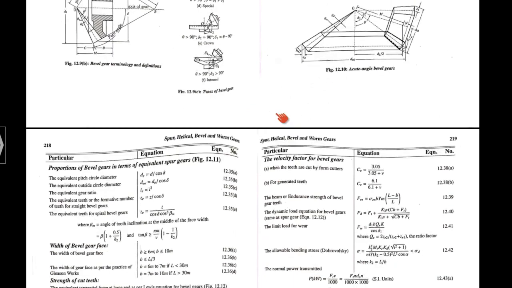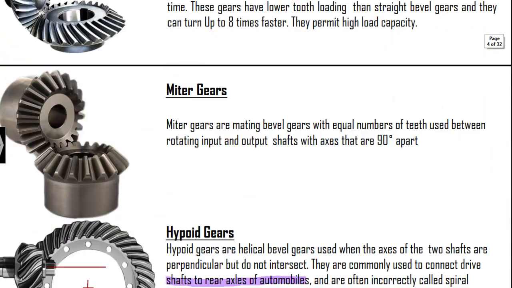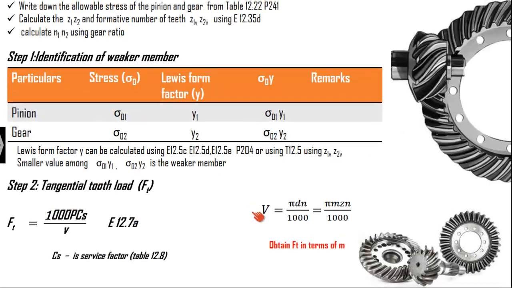Now, let us move to the discussion on the design. The design procedure remains one and the same. We have to use the formative number of teeth ZV1 and ZV2 for the calculation of Y1 and Y2.